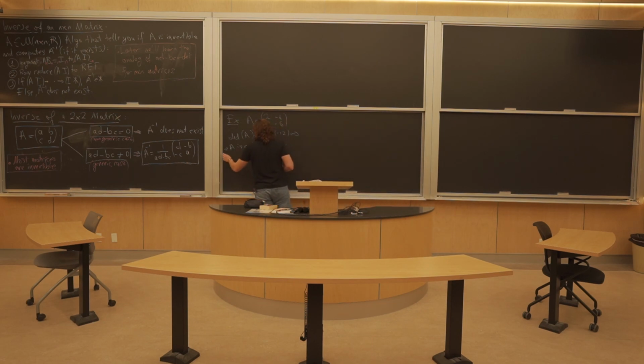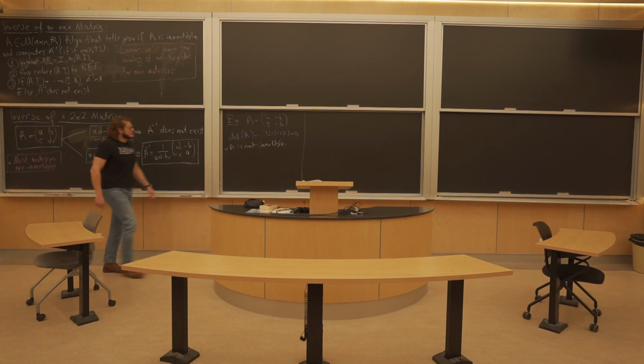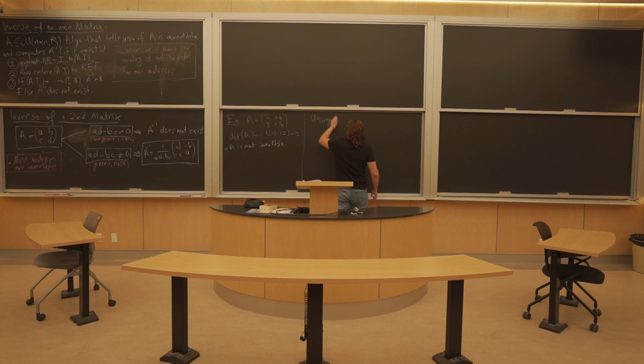It's rather straightforward. But let's also use this algorithm that I mentioned to really understand how it gets stuck at this third stage. Okay, using the algorithm. So when I augment my matrix, it turns into this, and then 1, 0, 0, 1.